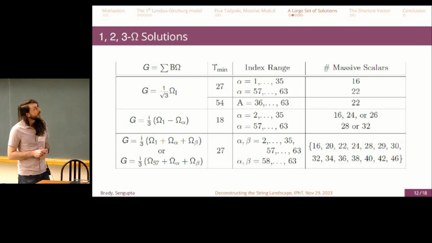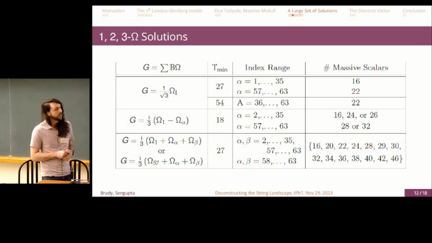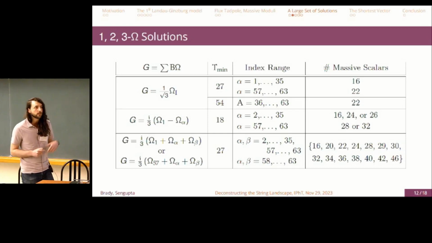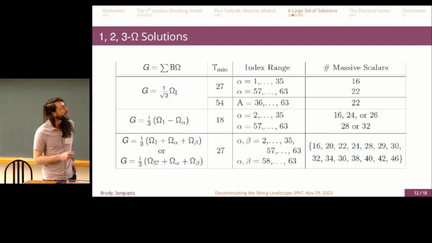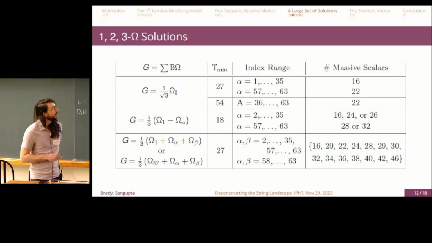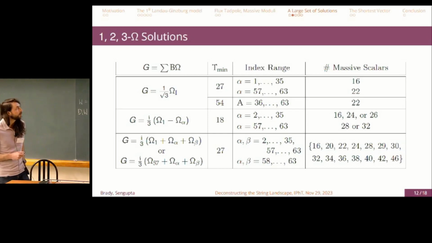Here, like I said, this was in our enumerated list. These are the oriented full directions. There's a typo here. There should actually be 56. But we find that its minimum tadpole value is twice as large as the one where we were not in the orientable direction, and it also stabilizes 22 scalars.